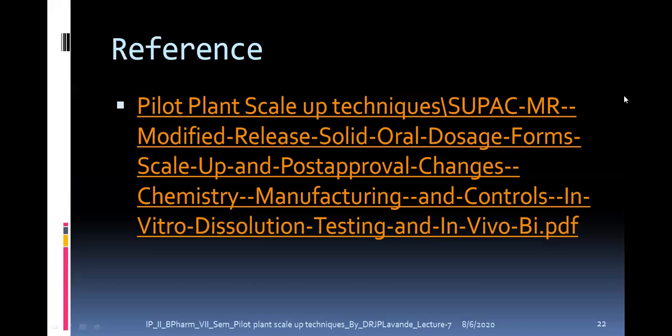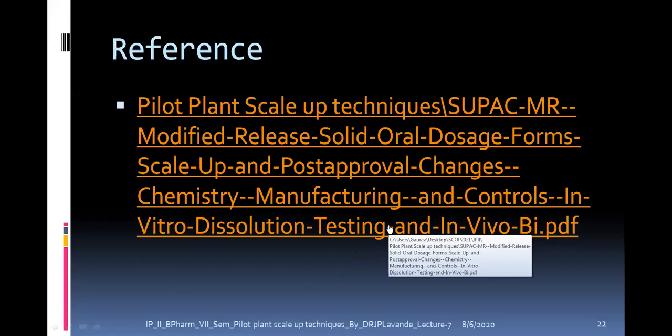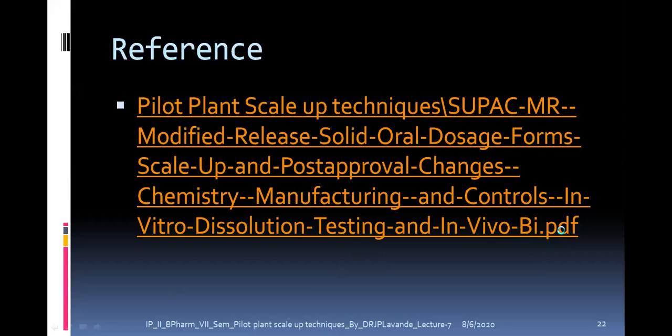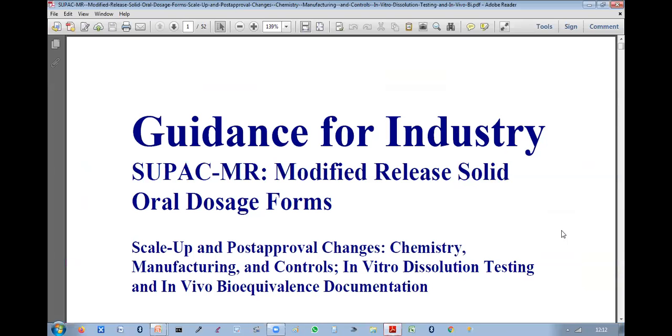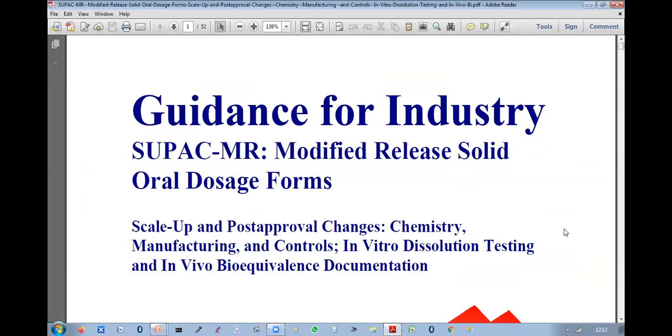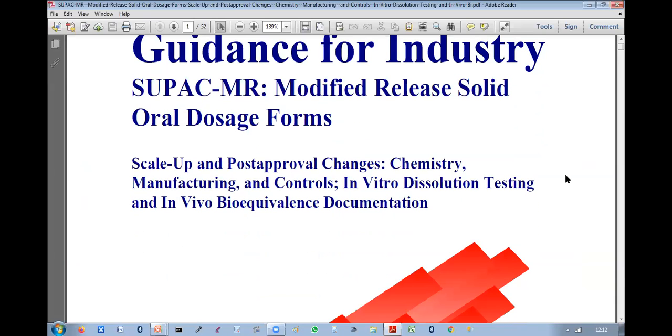So this is just a brief overview related with all. Now, from where these are taken: these are taken from the document which is available on the FDA website. This is the guidance for industry related with SUPAC MR, that is the modified release solid oral dosage forms.